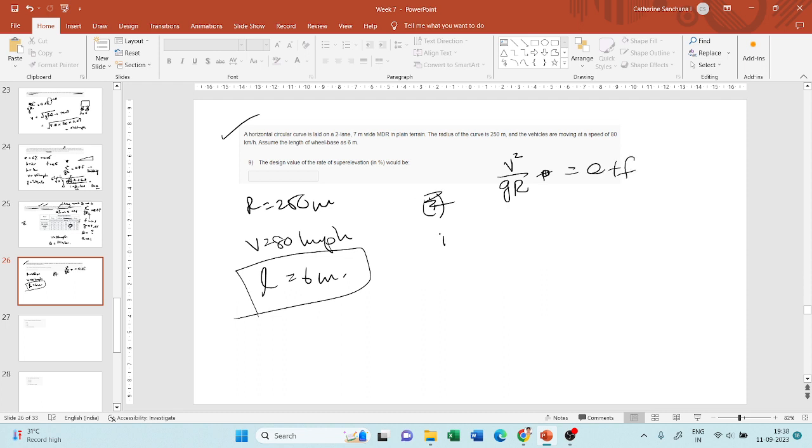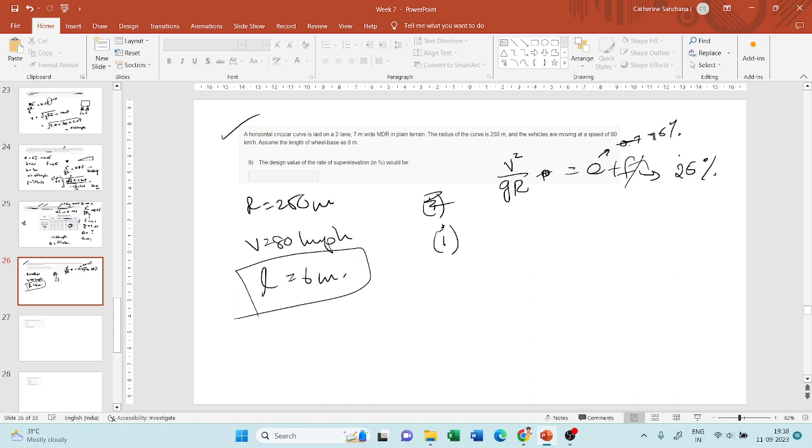Now the first step would be, you have to assume that your superelevation will take care of 75% of the speed of the vehicles, and F will take care of 25% of the speed of the vehicles. Since they've asked you to find superelevation, and since you know that F takes 25% and E takes 75% of the speed, you simply eliminate F. Don't use F at all in this equation.